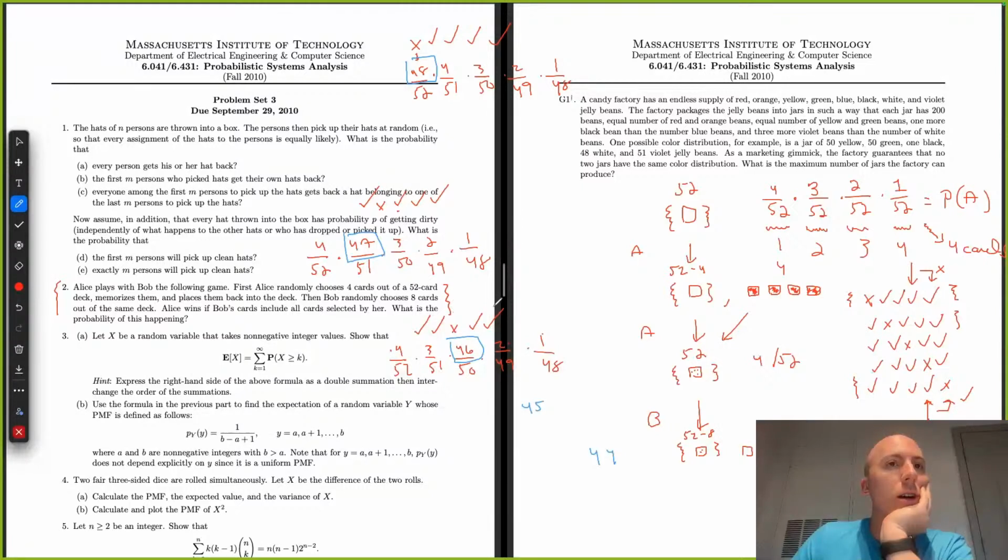So let's go back to the problem. Alice plays with Bob, who chooses 8 cards. I mean, this just seems like it's going to be hairy. This is just a standalone problem. If you think in terms of the problem's weights, this is 1 and this one 2.